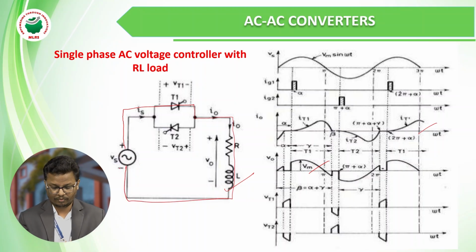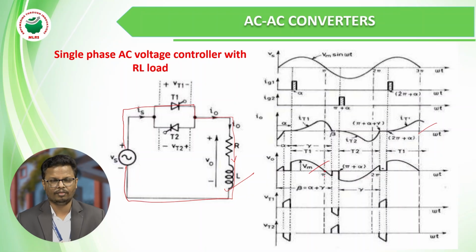While the current is passing through the load, the inductor stores the energy. The device remains turned on, and at pi the device T1 would be turned off.